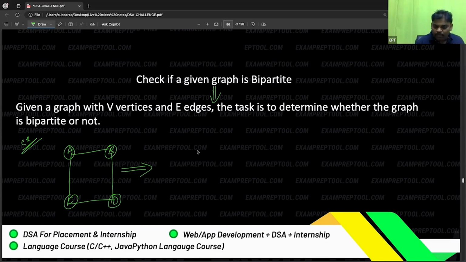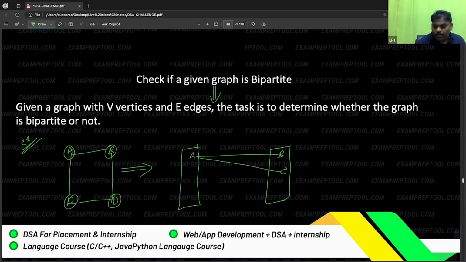You start from anywhere. Let us assume that I started with A. Start with any vertex, whatever vertex you want. Now, when you start with A, who are the adjacent ones? B and C. A is adjacent to B, and A is adjacent to C also.